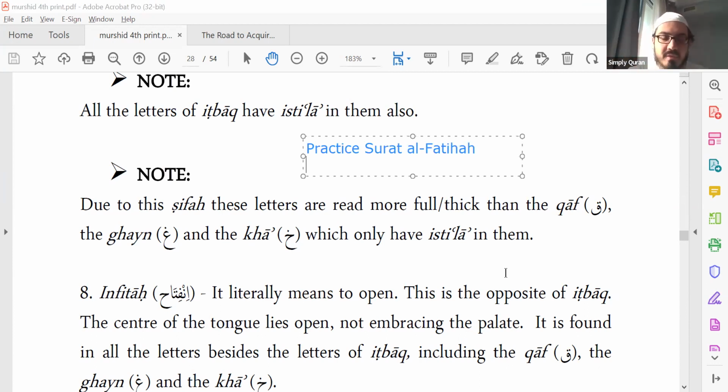I mean practice the way we're doing it. I'm going to explain it in a moment. First 3 ayat, that's it. First 3 ayat of Surat Al-Fatiha.